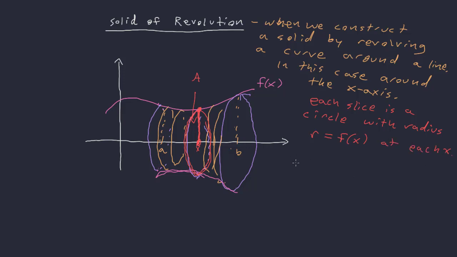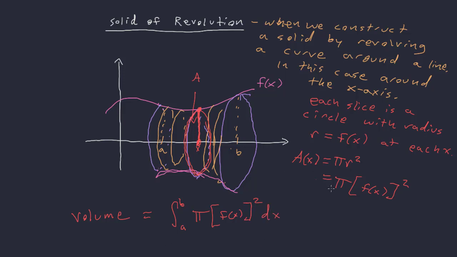So our area function, A of x, will be pi r squared, since it's a circle, and r is our f of x function, so it's going to be pi times f of x all squared. So the volume ends up being the definite integral from a to b of pi times f of x all squared dx.